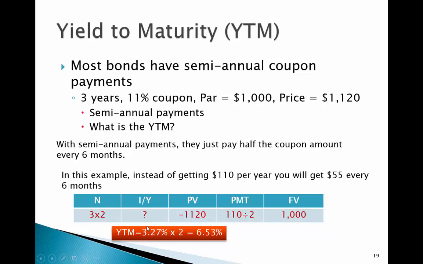So every 6 months, that's a half-year rate. The yield to maturity is defined as an annual rate. So what we do is we just multiply that times 2. And so the official answer here would be the 3.27% you get from the calculator times 2, and the answer is 6.53%.